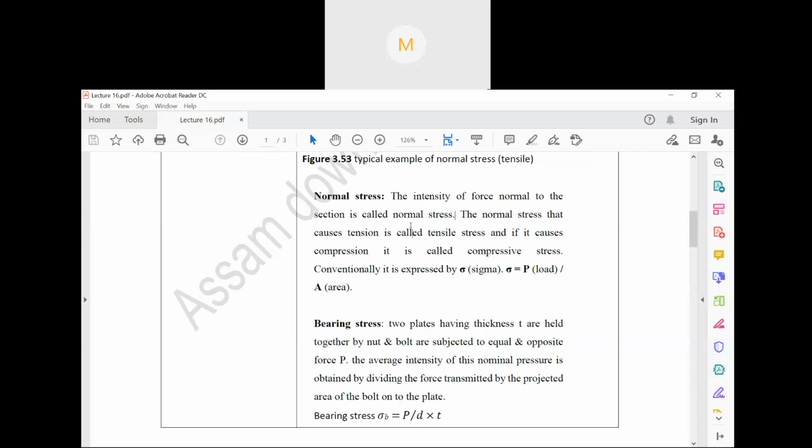In order to join two panels, they use nuts and bolts. Got it? So there will be a stress arising, which is known as bearing stress. Okay.